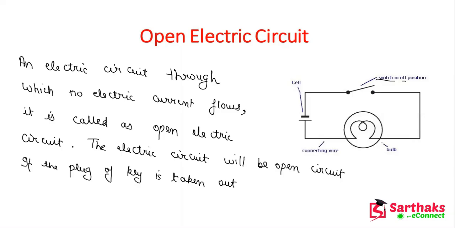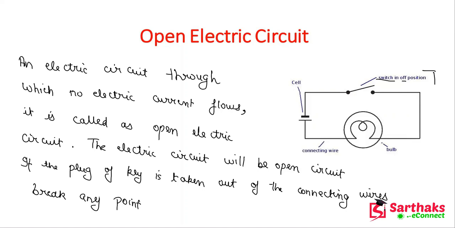If the plug of the key is taken out of the connecting wire, or if the connecting wires break from any point, so here the connecting wires are broken from the middle, and here the switch is in off position.